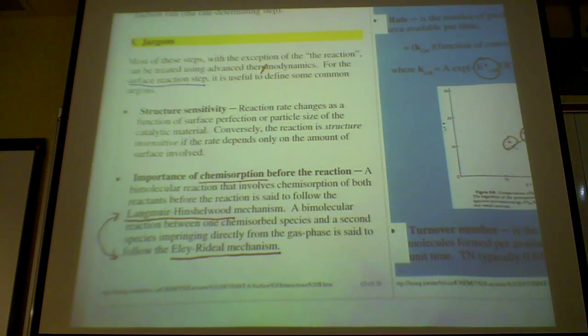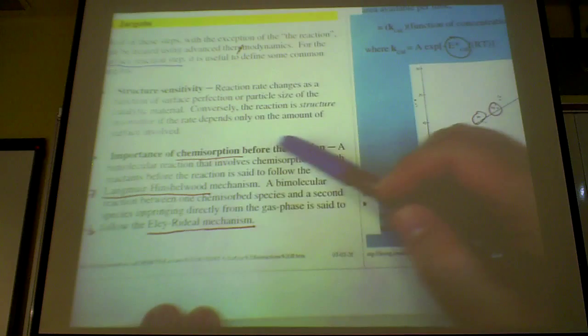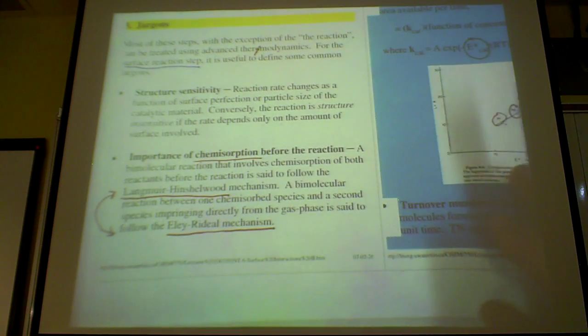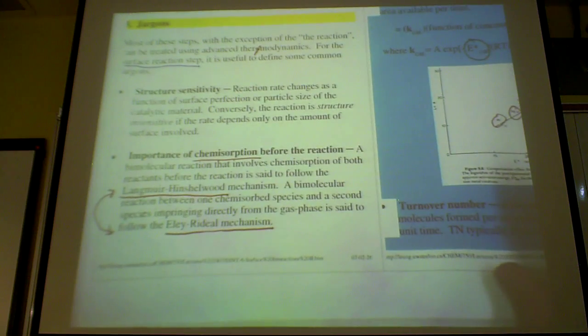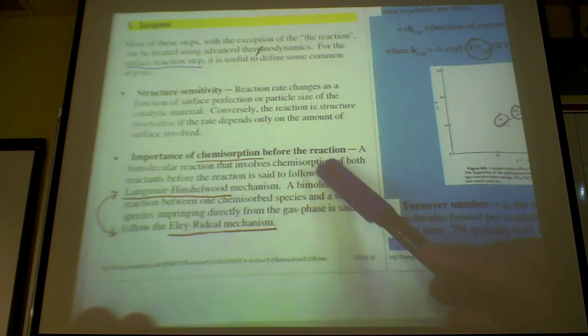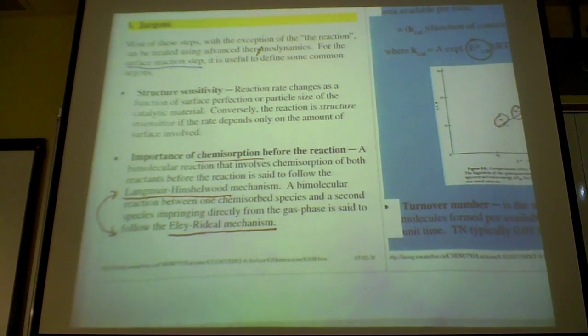Second is the importance of chemisorption before the reaction, and there are two mechanisms that I really want you to remember. When you're talking about a bimolecular reaction, bimolecular meaning involving two reactants, you have two different scenarios.